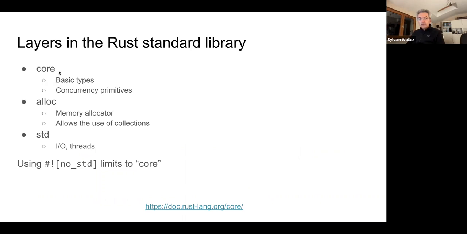So at the very core, we have what's called the core layer. Those are the primitive types, and a small number of basic types such as option, result, that kind of thing. No collections, because collections require memory allocation, but you have all the things that we're used to using when we do Rust all day long.